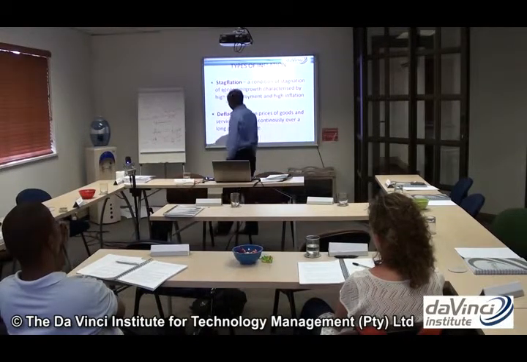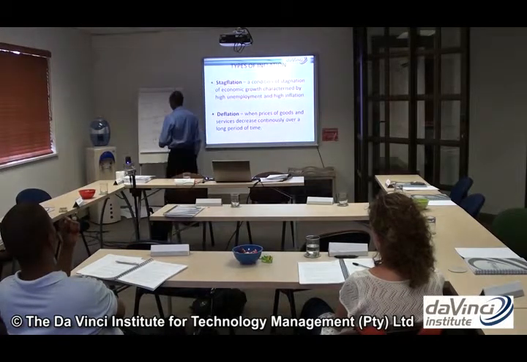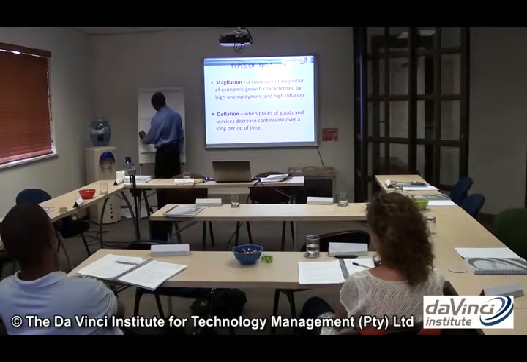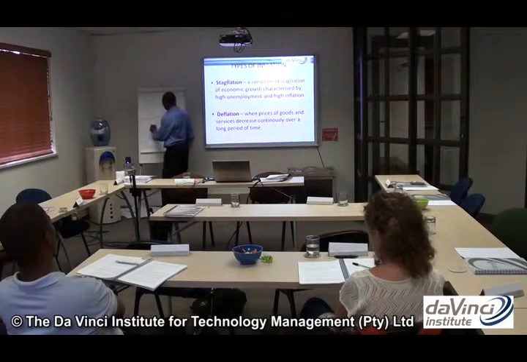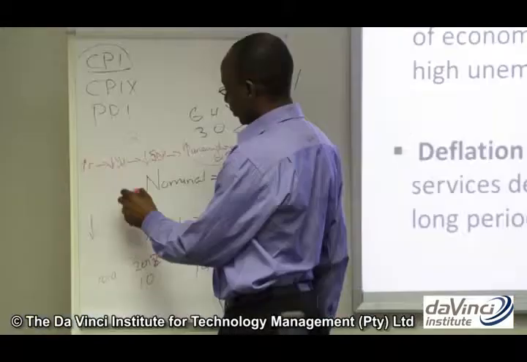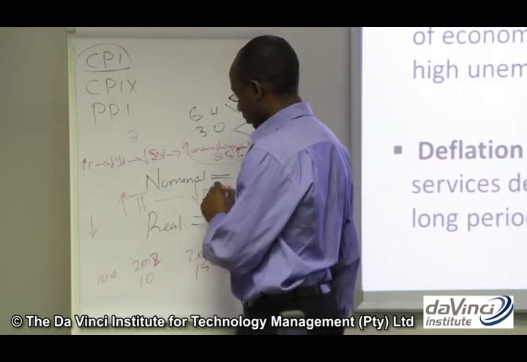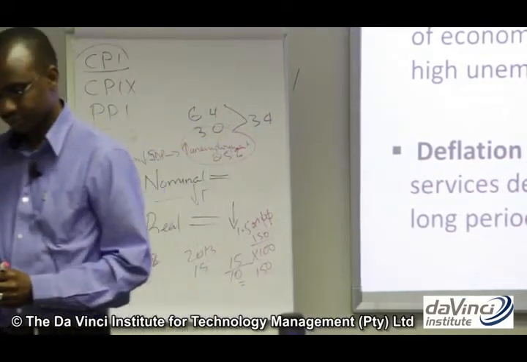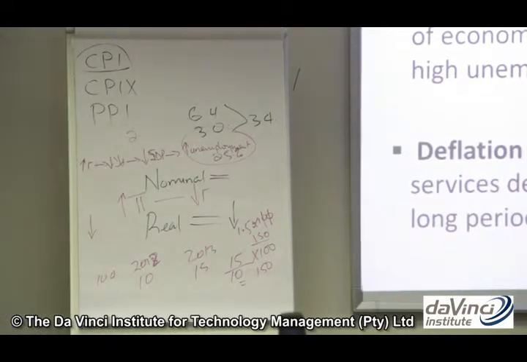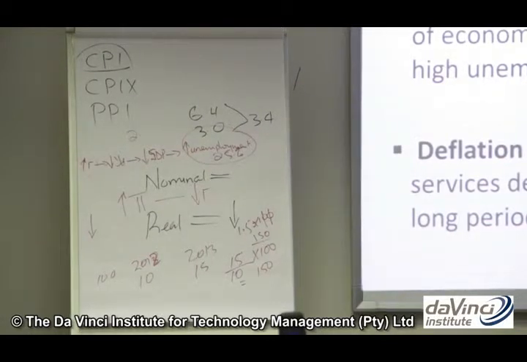You're saying if your inflation is going up and you keep your interest rates down, like you say, the target is 3 to 6%, you've got 6.4, and you still keep your interest rates down, does that have any bearing on the strength of the rand?